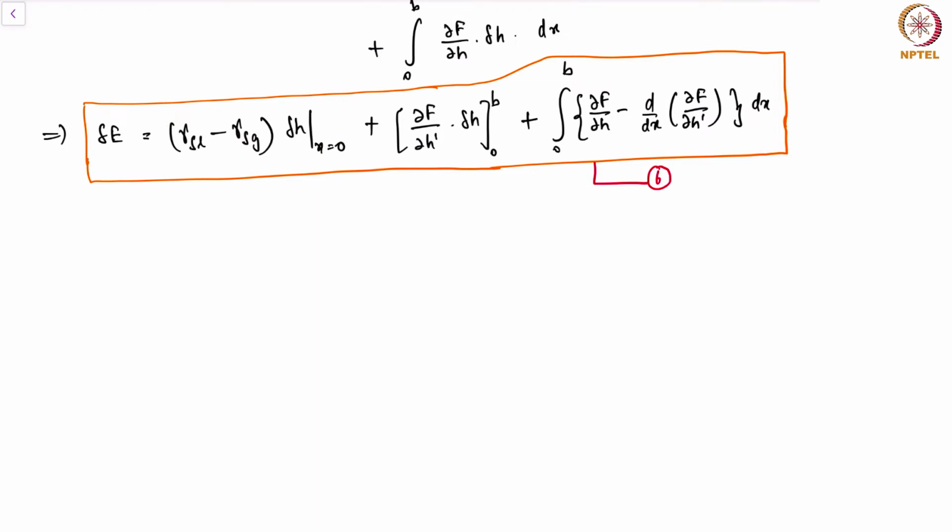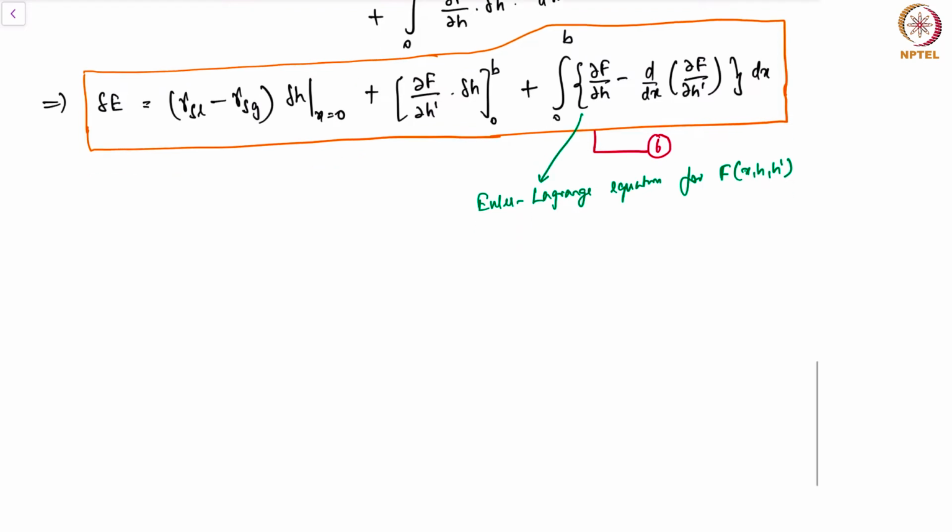Okay. So this quantity here in the curly braces that you see here, this is nothing but the Euler-Lagrange equation for f of x, h and h prime. Okay.